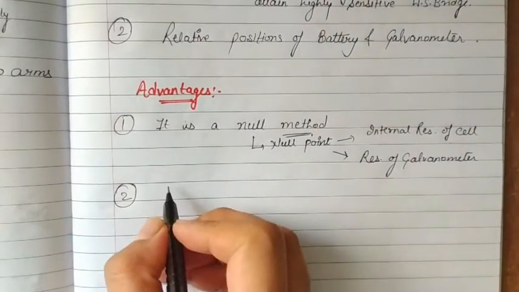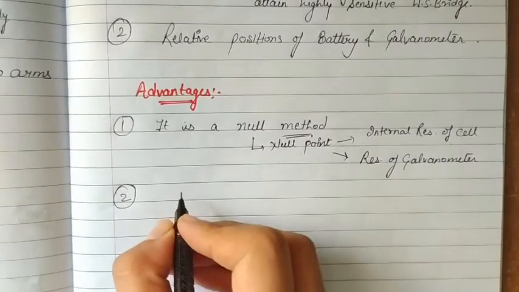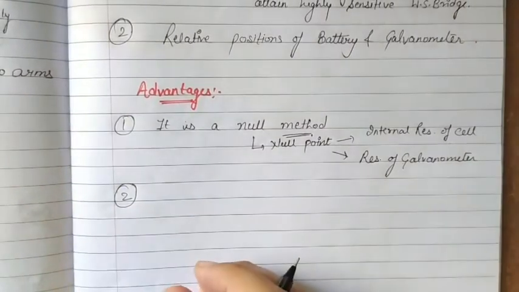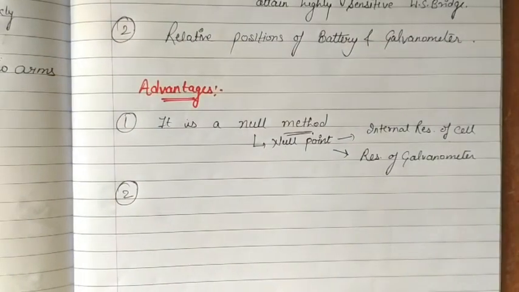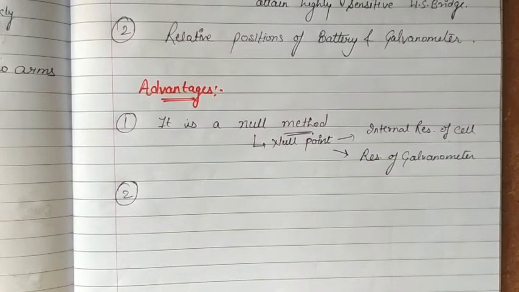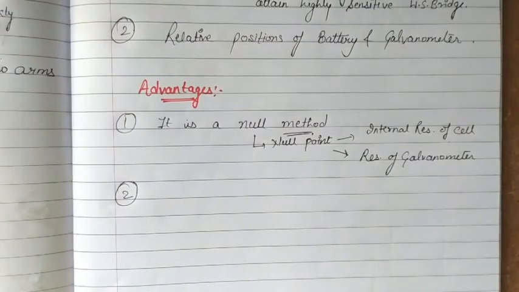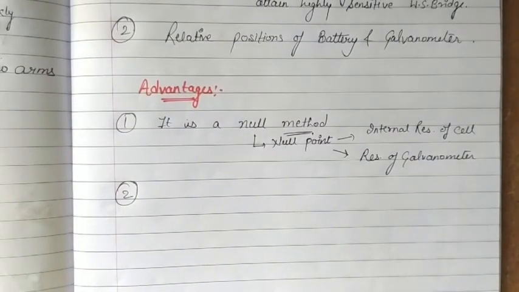Means in the whole process we have not included any current in the measurements, neither are we taking any potential difference, so we do not need ammeters and voltmeters in the circuit. And since there is no involvement of ammeters and voltmeters, their resistances are not going to affect our readings.